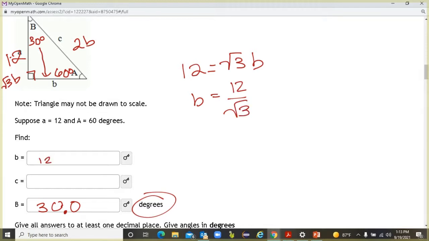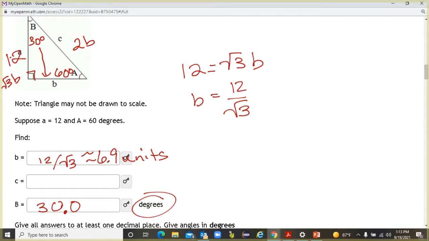It does want that in decimal form. I kind of just want to leave it. So this is about 6.9. And it doesn't even say units, so we're not going to type that, but 6.9 units.